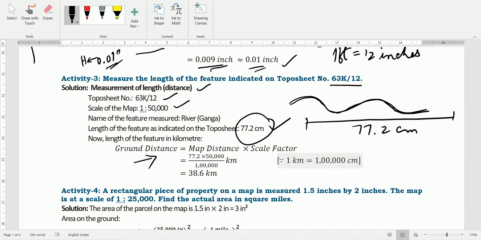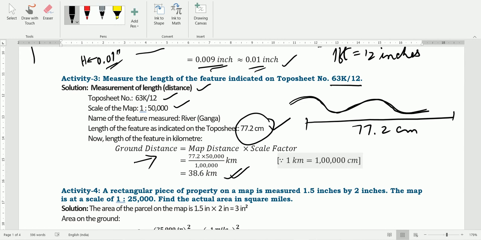Here the scale is 1 is to 50,000, hence the scale factor is 50,000. 77.2 multiplied by 50,000 divided by 1 lakh is equal to 38.6 kilometer. So the length of Ganga river indicated in topo-sheet number 63K by 12 is 38.6 kilometer on the ground.